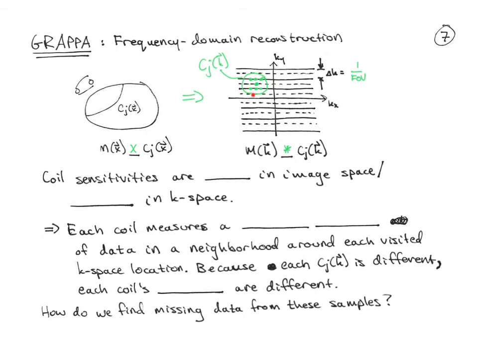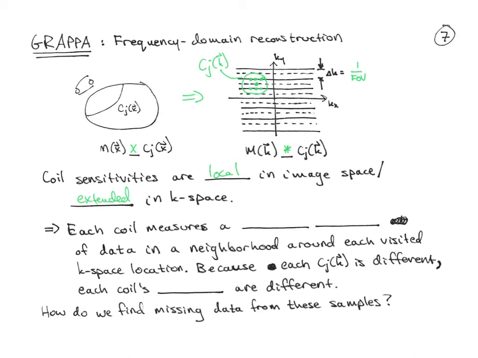And it's a local effect, right? We're not going to get signal from way down here because the sensitivities are compact, just like they were when we were doing gridded reconstruction. Okay, so coil sensitivities are local in image space, and extended a bit then in k-space. Right?